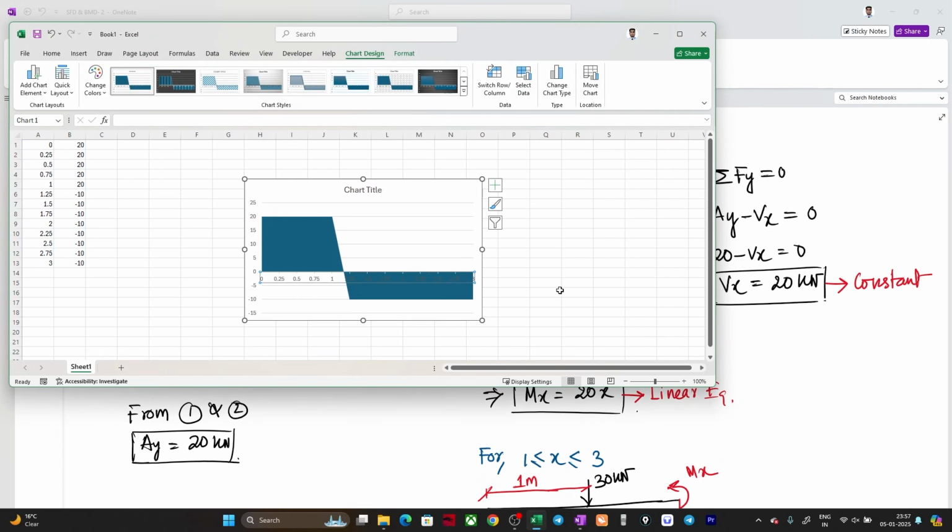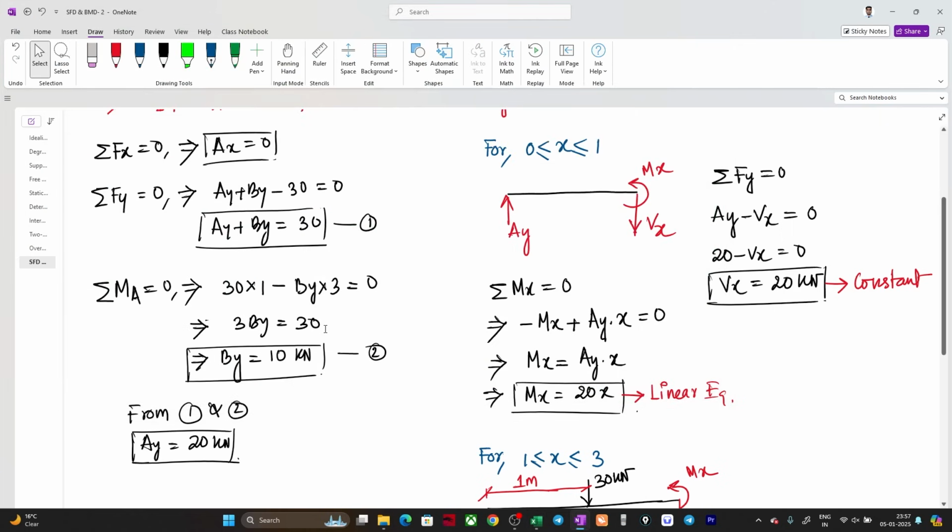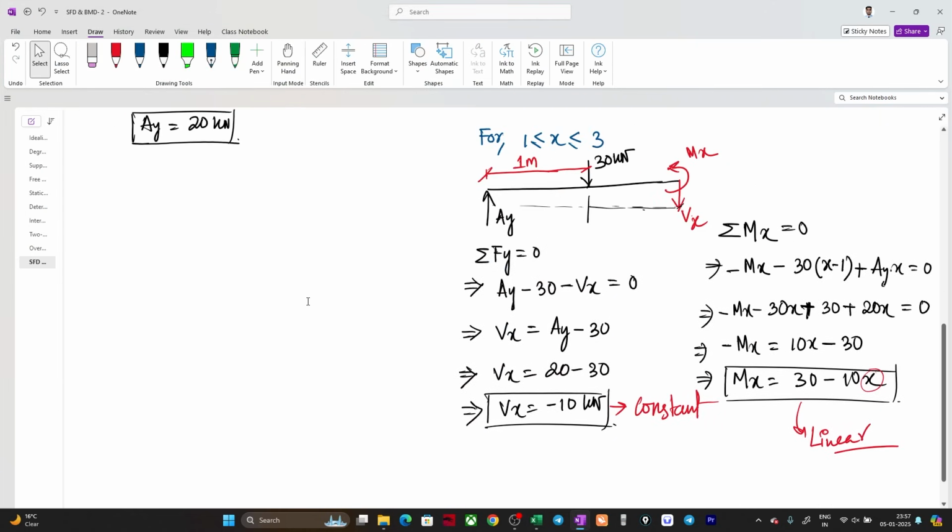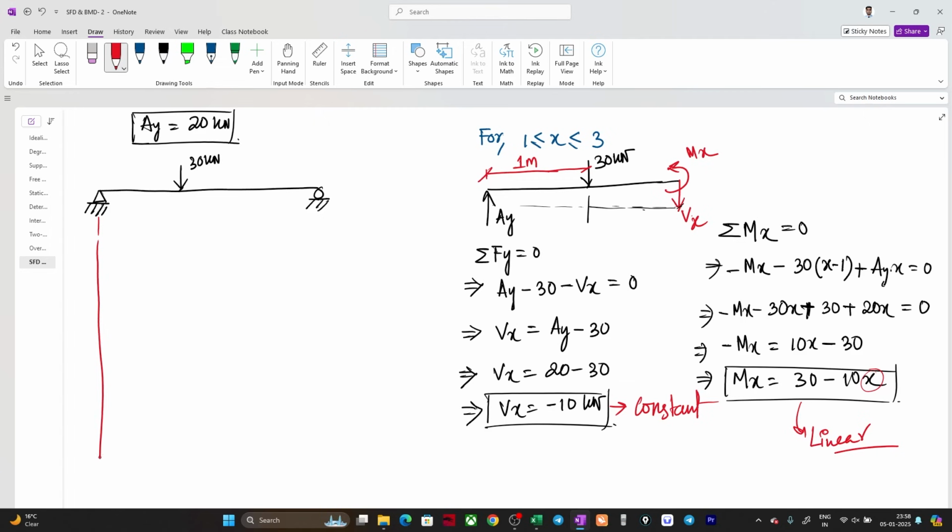Here, as we have taken 0.25 difference, it is giving a slope basically. Otherwise, when we draw it, it will be something like this. This is my beam, here I have the supports, and here I have a 30 kilonewton load, right?